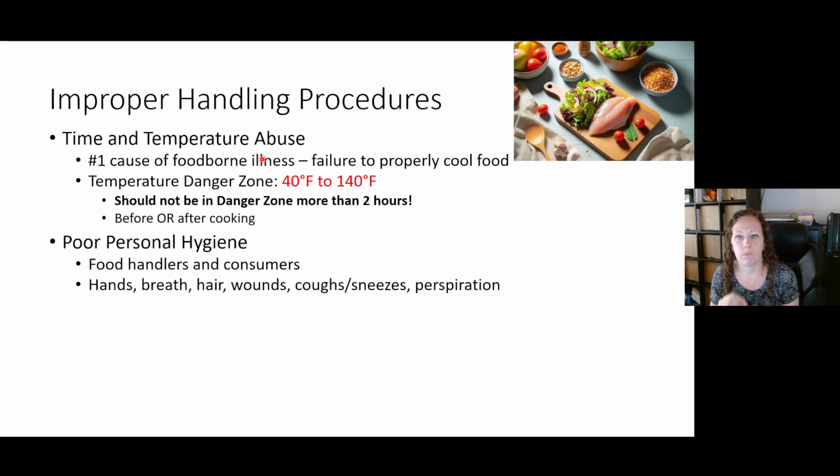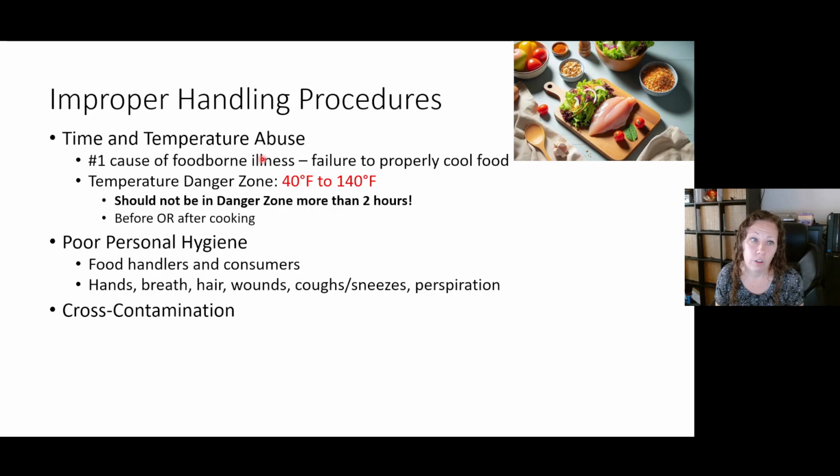The ways that poor personal hygiene gets contaminants into food are not washing your hands, breathing on food, accidentally getting hair into food. If you have an open wound, that is particularly a problem. Coughing and sneezing on food, perspiring on food, obvious things.